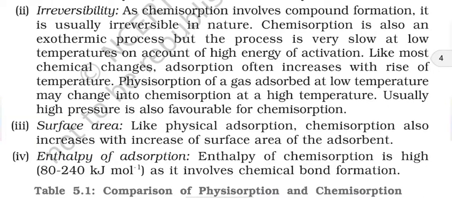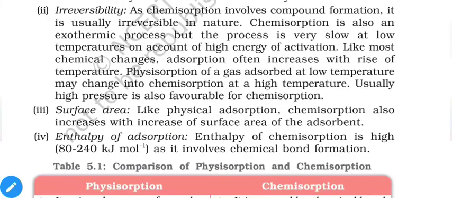So adsorption often increases with the rise of temperature. Physisorption of a gas adsorbed at lower temperature may change into chemisorption at higher temperature. And usually higher pressure is also favorable for chemisorption, because higher pressure means more concentration of gas, and because of higher concentration of reactant, product will increase.